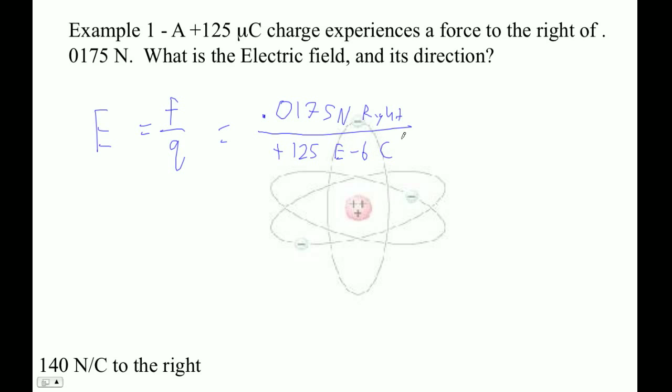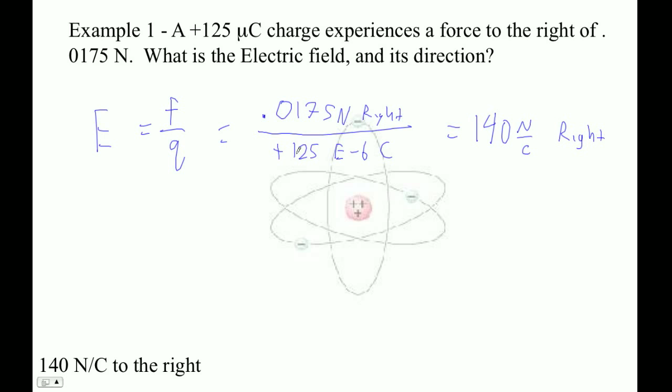So I just have to calculate that: 0.0175 divided by 125 E minus 6. And this is 140 newtons per coulomb. And then the direction is still to the right.